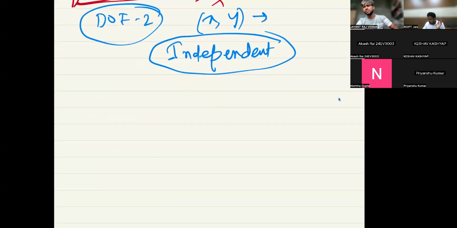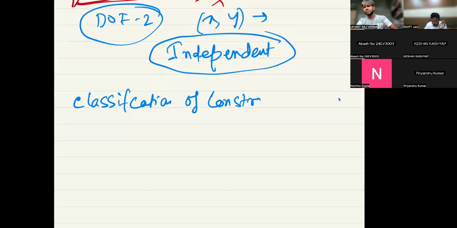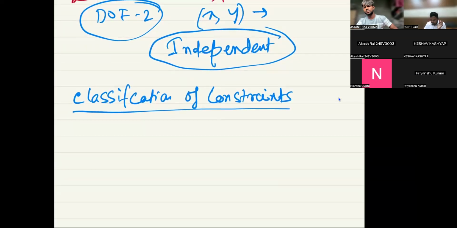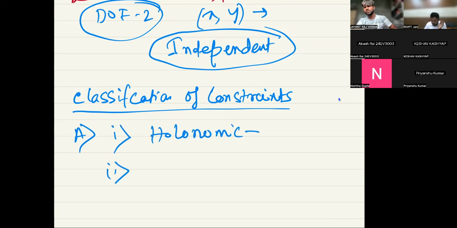Okay. So there is also a classification of constraints. The first classification is called holonomic constraint, and the second one is called non-holonomic.